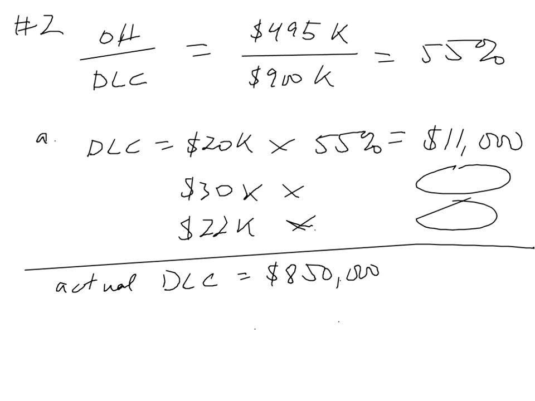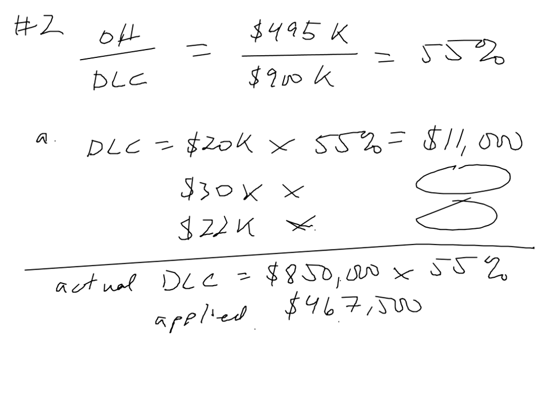So that means that if we're applying overhead based on that, that means $850,000 times 55%. We actually applied $467,500 in overhead.